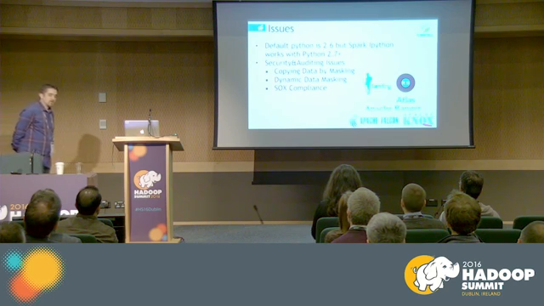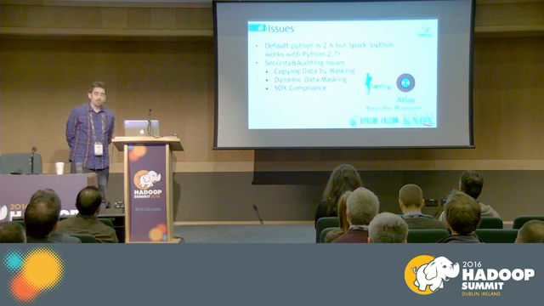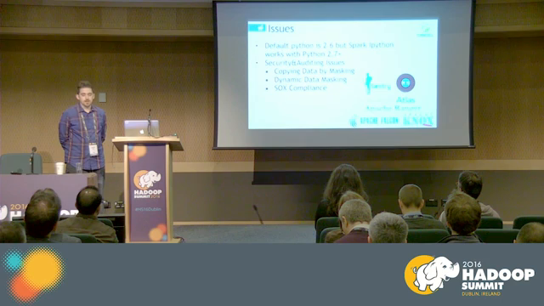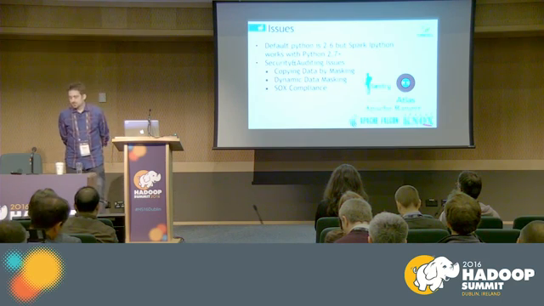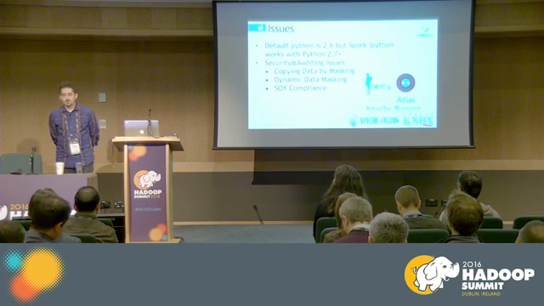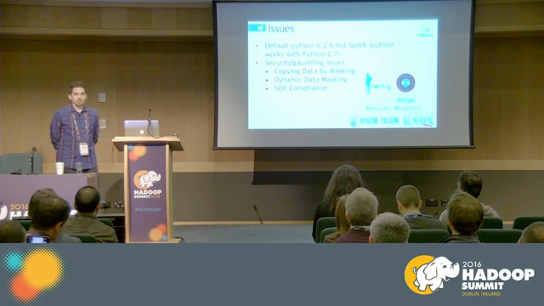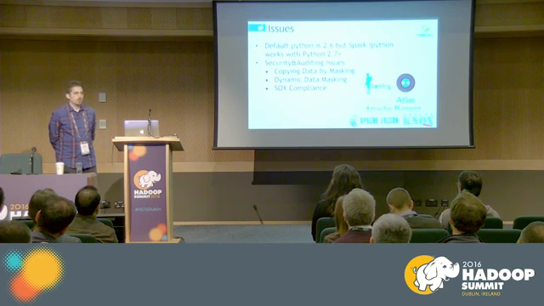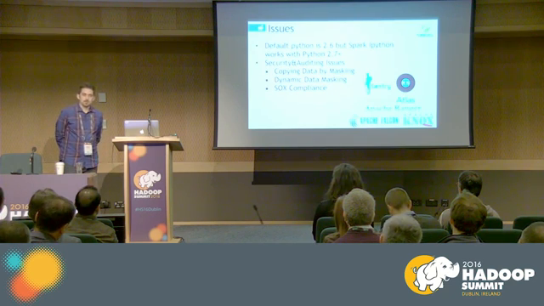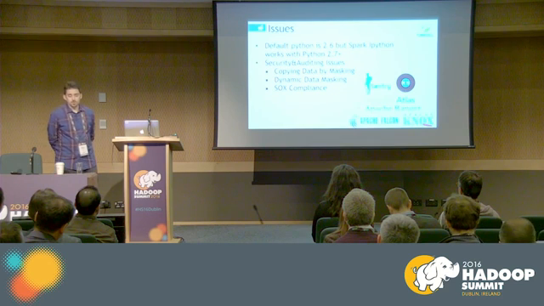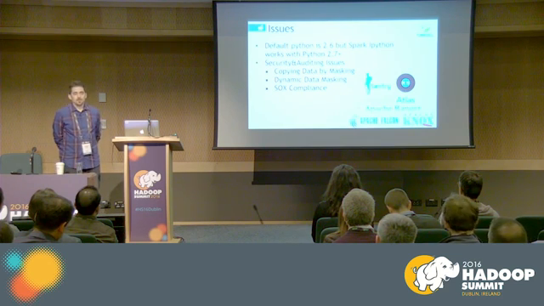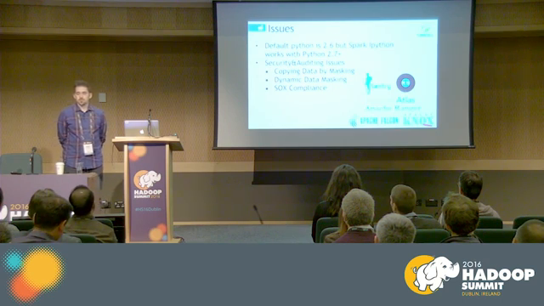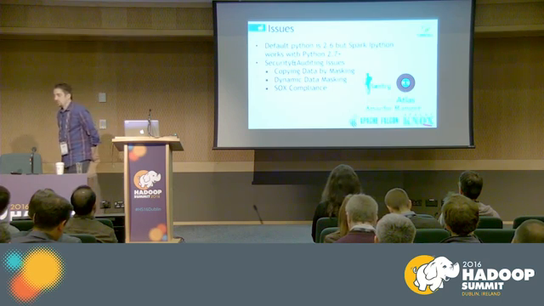And we have security and auditing issues. For instance, copying data by masking. This means that our number one security rule is that when you are developing something with data, you have to use anonymized data. So when you are transferring data from the production cluster to the development cluster, you need to anonymize it.